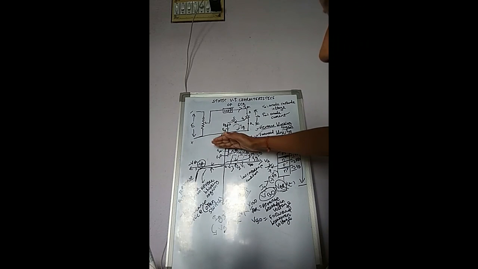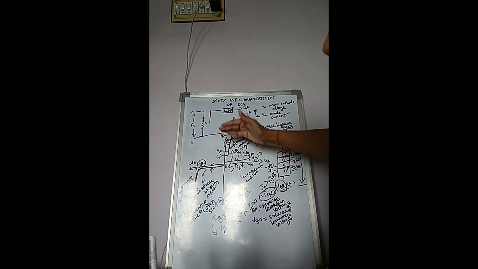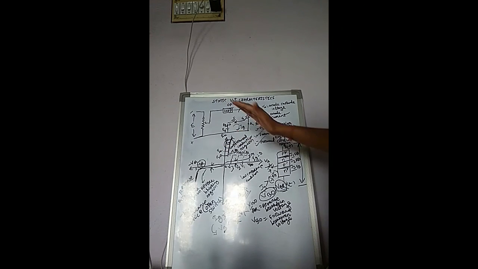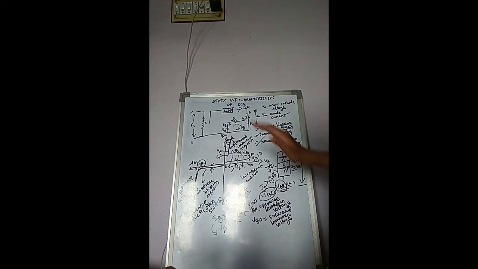So latching current is the minimum level of anode current beyond which the thyristor is conducting forward current or the thyristor is remaining in on state. So IL is the minimum value of the forward current or the anode current beyond which the thyristor is conducting a forward current or remaining in on state.